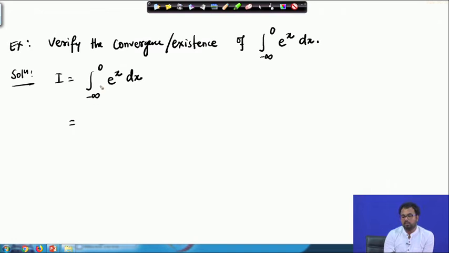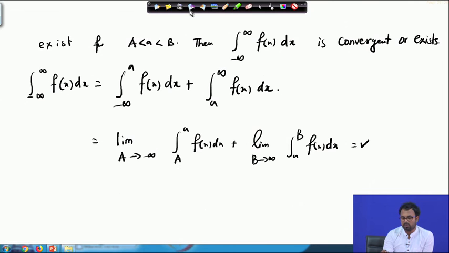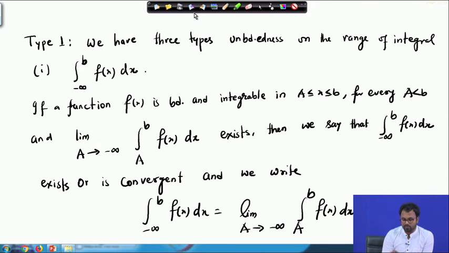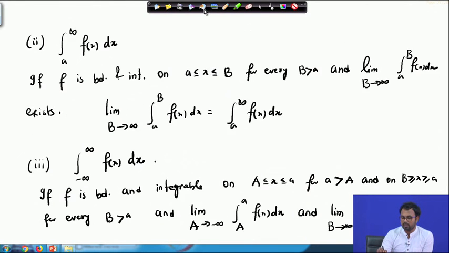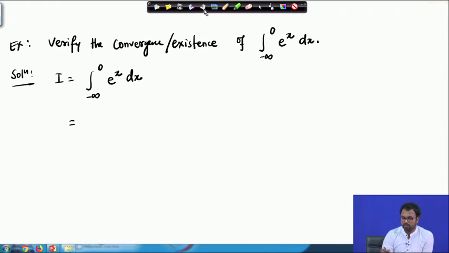Now, we know that from definition 1, where is that? So, here. So, we know that if we have an integral of this type, then the value of that integral will be the value of this limit here. So, we will do exactly the same thing. So, I can write limit a goes to minus infinity integral from a to 0 e to the power x dx.